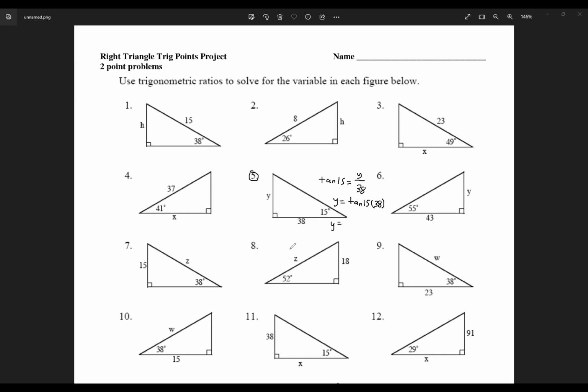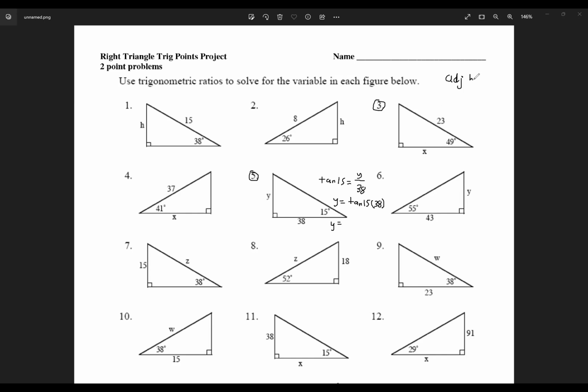How about number 3? So we need y. We need to find the opposite. Well, they're asking you to find x on the bottom. Oh, okay. So we need to find the adjacent. We don't have y either. What's the 23?